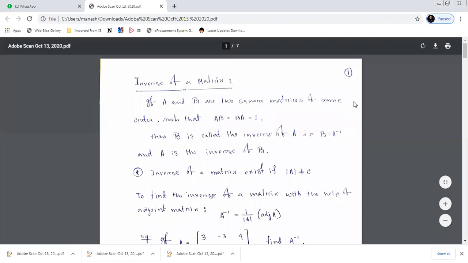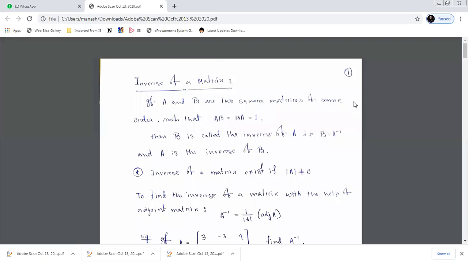At first you have to know what the inverse of a matrix is. Let A and B be two square matrices of the same order such that AB equals BA equals I, where I means the identity matrix.